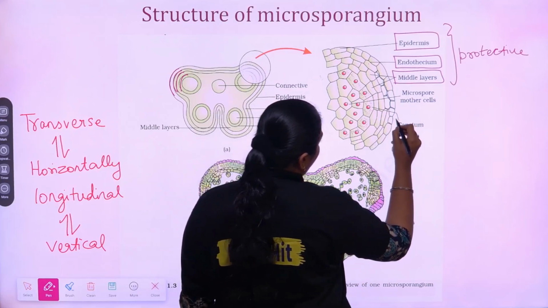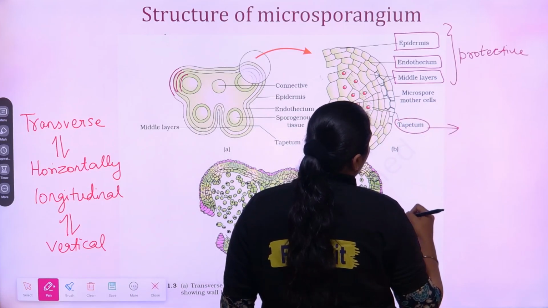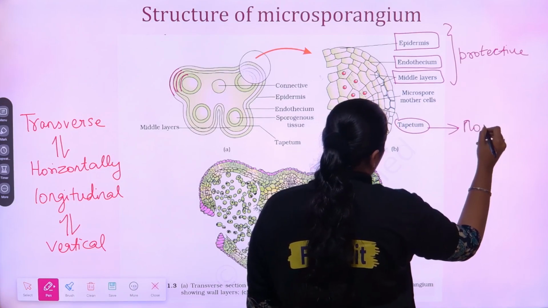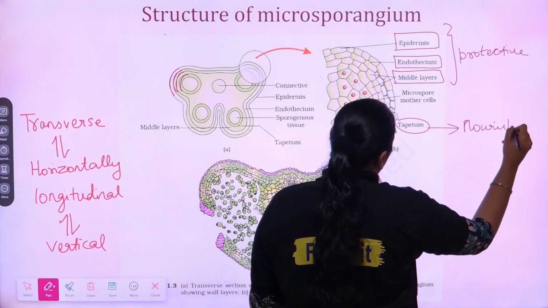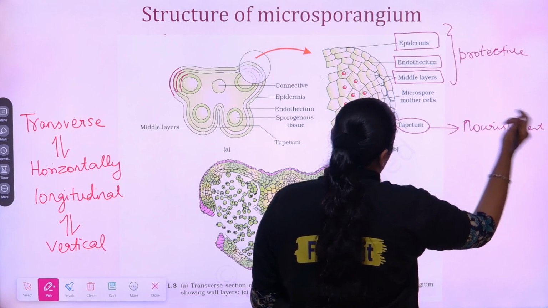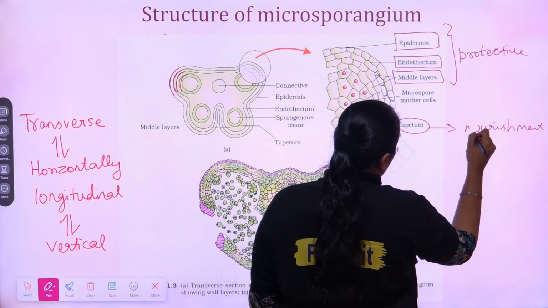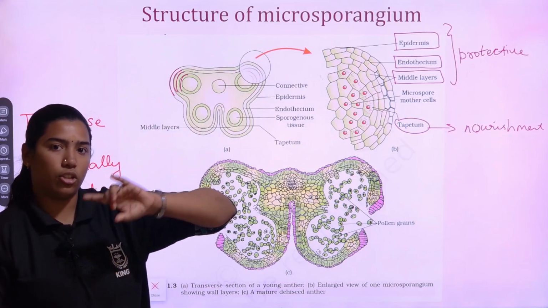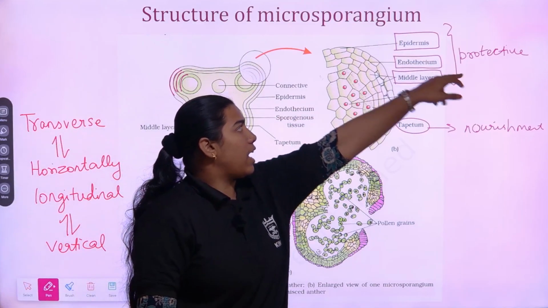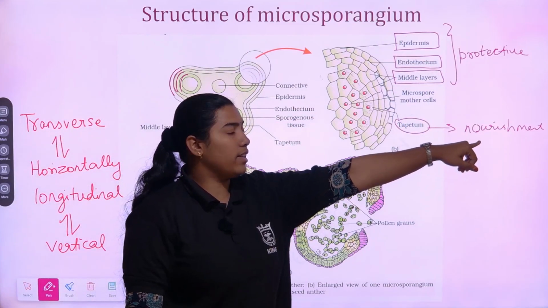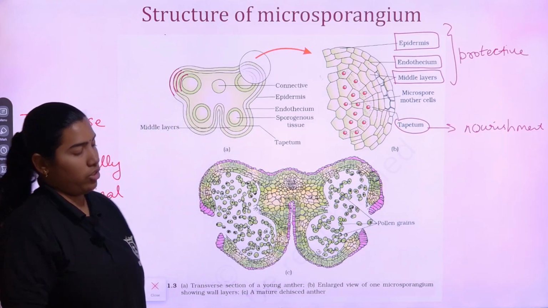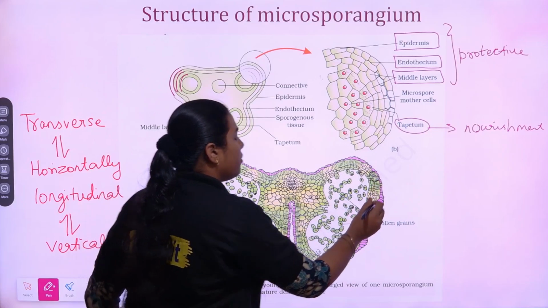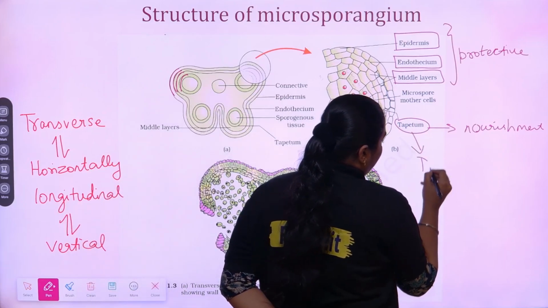And then we have the innermost layer, the tapetum. This has a nourishment function. So you can see the top 3 layers, epidermis, endothecium, middle layers, all have protective function. The innermost layer has nourishment function. Just remember that. And this tapetum has dense cytoplasm.